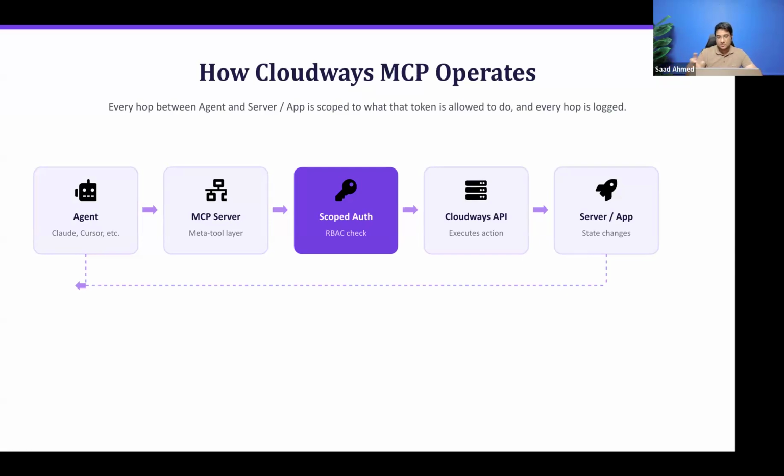And I hit enter. When that prompt is sent to the MCP server, the MCP server looks up the tool that is required to complete that operation. That's where the MetaTool architecture comes in.